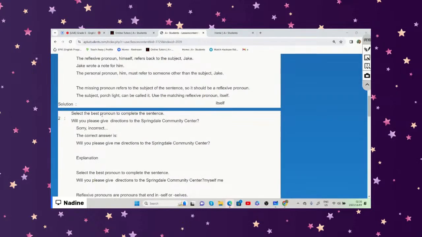We need to select the best pronoun to complete the sentence, which is either self or selves. Remember, we refer to anything singular with self, which is myself, itself, yourself, right? And if we're referring to a plural subject, then we say things like ourselves, themselves, yourselves.